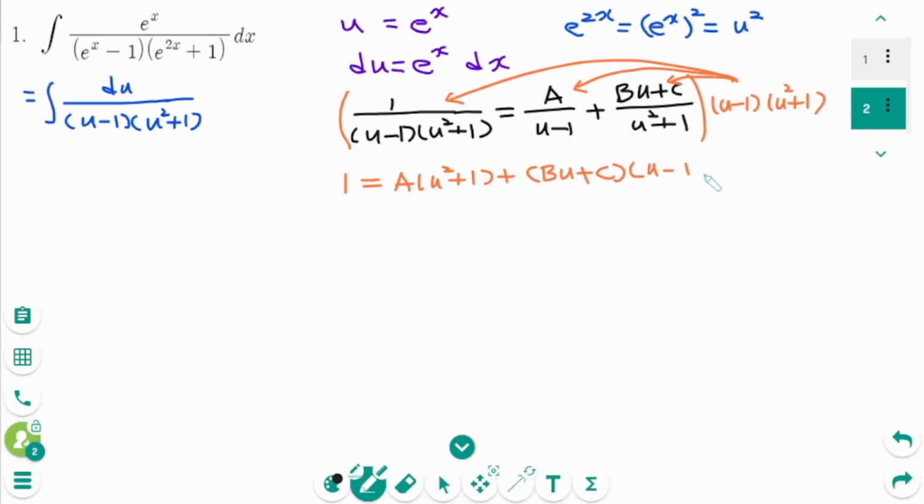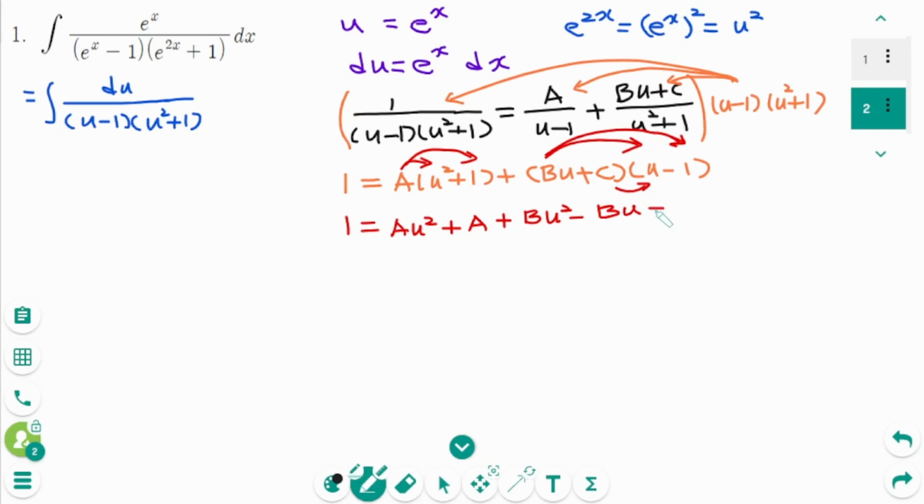Expand: 1 equals a times u squared plus a plus bu squared minus bu plus cu, then minus c.